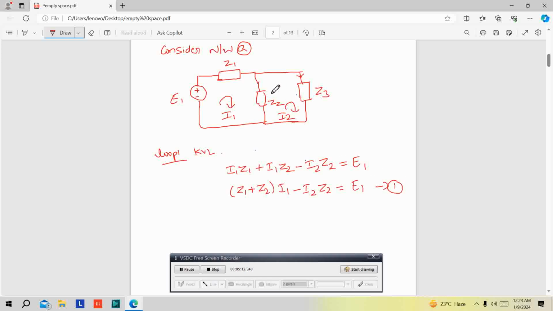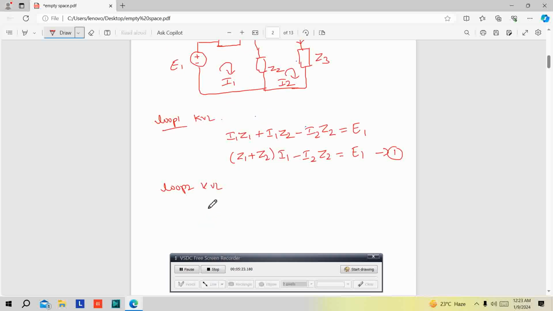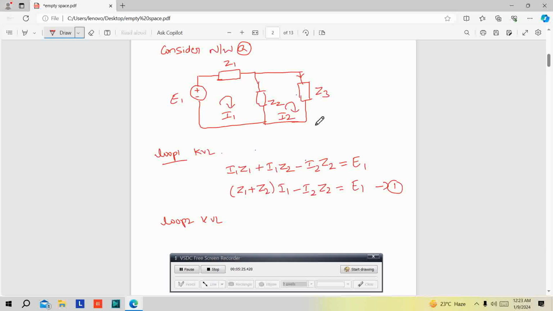Similarly, apply KVL at loop 2. Z3 I2, because here I2 is flowing through Z3, plus Z2 I2.